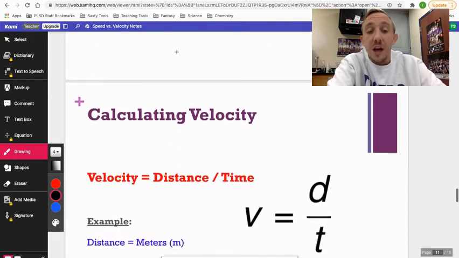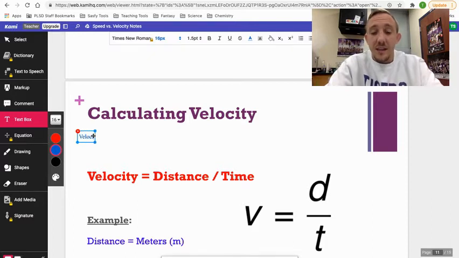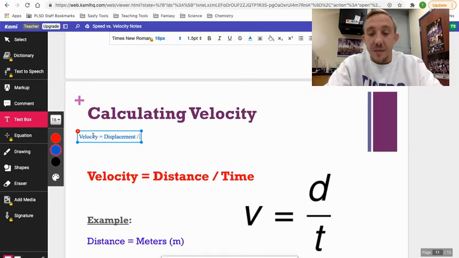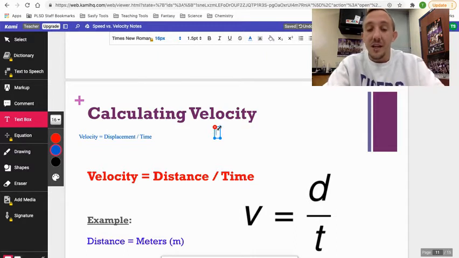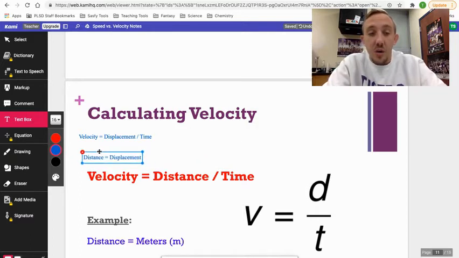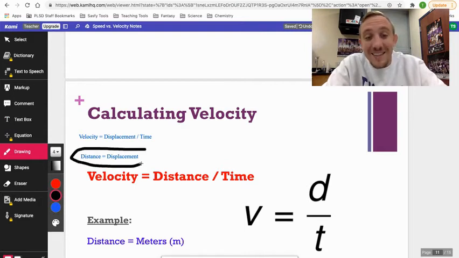Now, I want you to write this: velocity actually is displacement divided by time. But right now, for the purposes of understanding the concept, we are going to make sure that the distance and displacement stay the same.